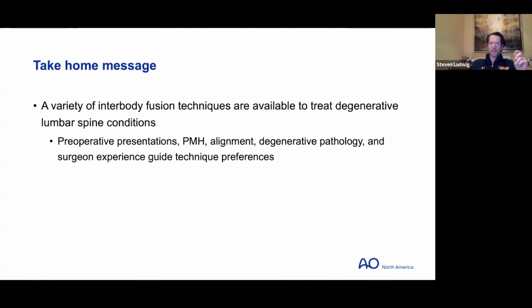I think the take-home points really are that you have to take two steps back and think about what your goals of surgery are for that patient and for their underlying degenerative condition. I think you have to think about what the value of the interbody is for achieving those goals, right?